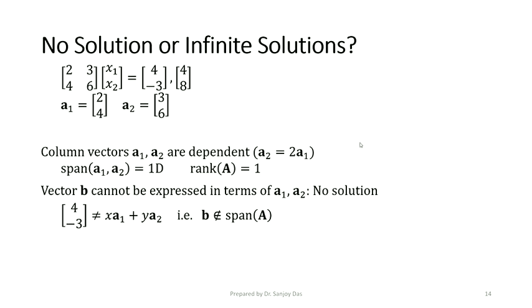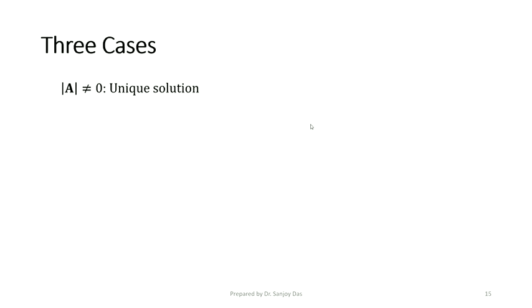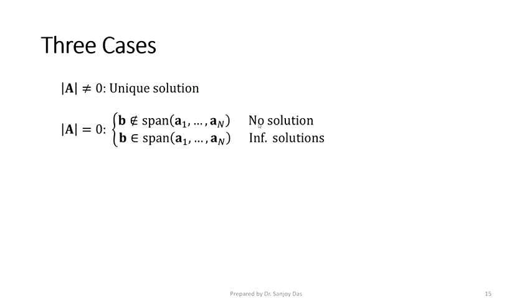Well, let's extend it to 3 dimensions, and then I'll show you graphically. So we have 3 cases. The determinant of the matrix is non-zero, so we have a unique solution. Now, when the determinant of the matrix is 0, that is, it's not a full rank matrix, it's not an invertible matrix, it's a singular matrix.